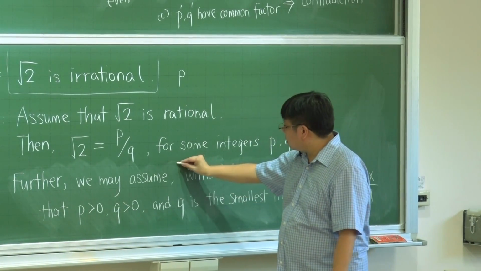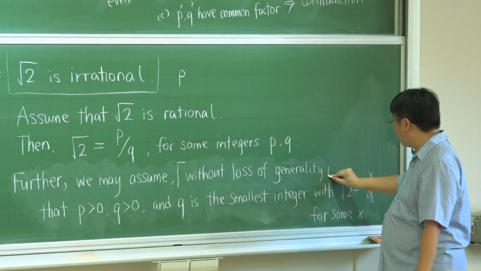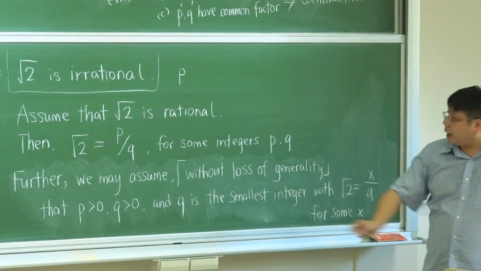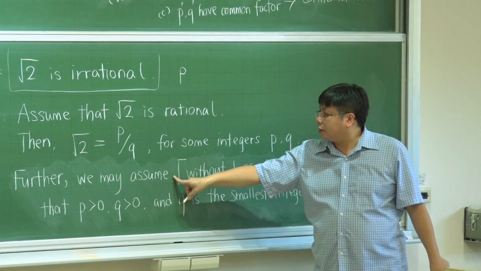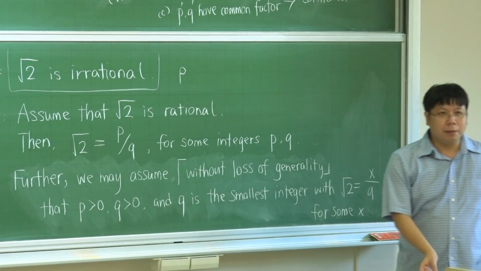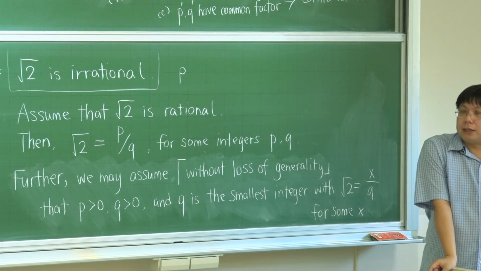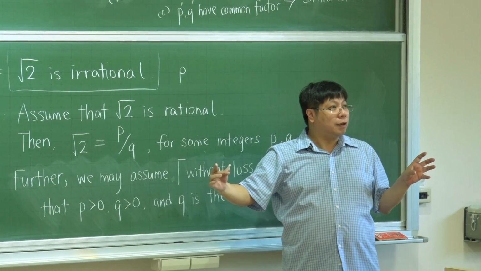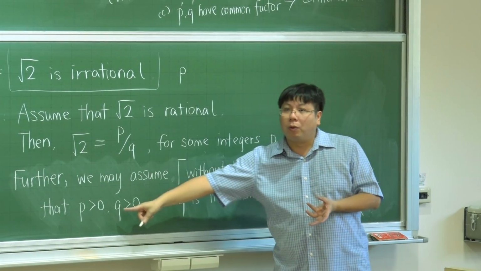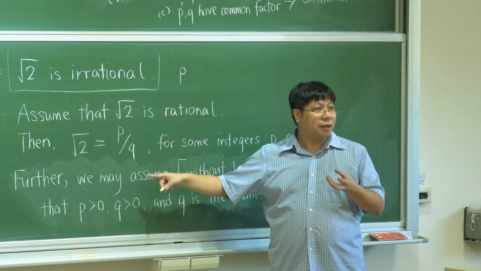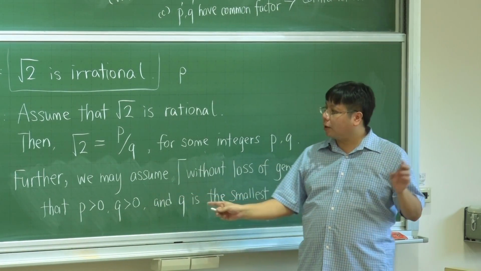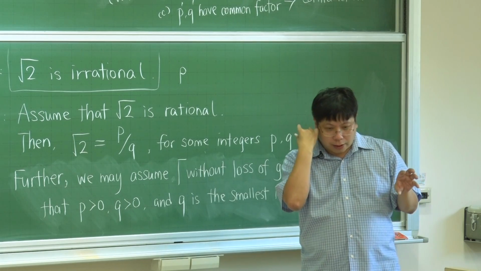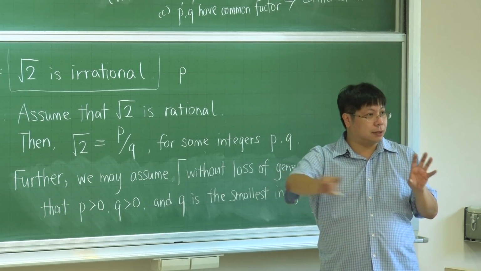So I'm using this keyword, without loss of generality. We are making an assumption, but this assumption does not make anything wrong. It is because if this is true, then we can really find one that satisfies all the conditions, or further conditions that we have. It is not like we are adding conditions and then making the solution gone.